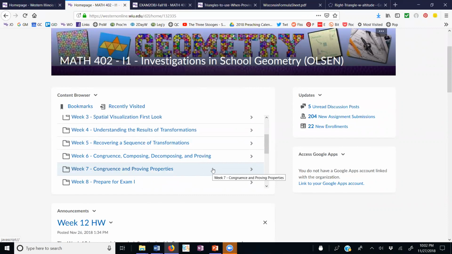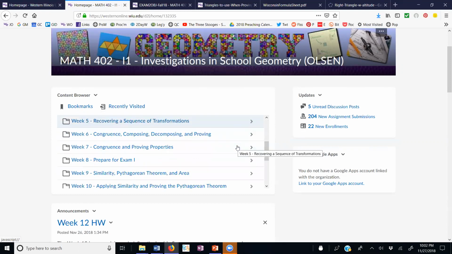But then the more useful thing was using congruence to prove properties. And in our case, we were proving the properties of the various quadrilaterals, parallelograms, trapezoids, and so on.